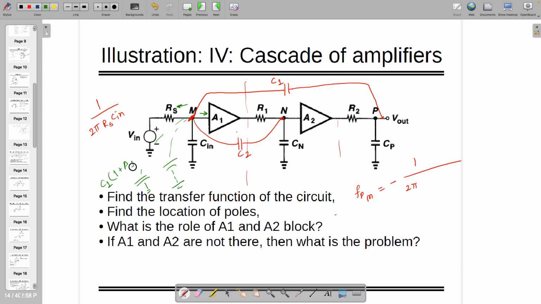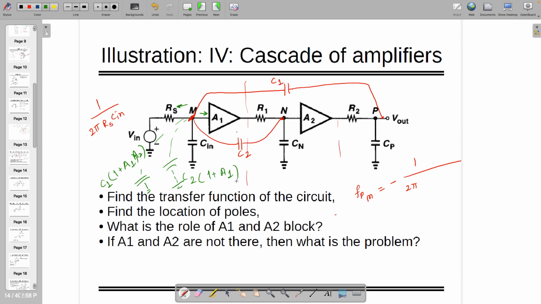A1, right? Okay, A1 and A2. A1 and A2, right? True. Same way here, C2, 1 plus A1, right?